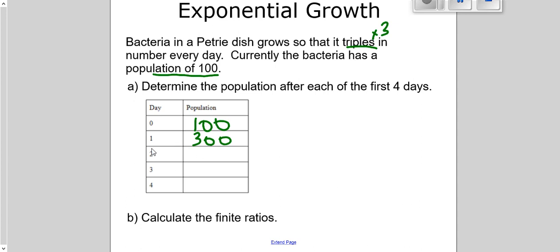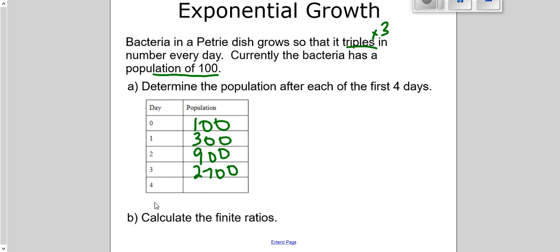And then after 2 days, this 300 has now tripled, and so I'm at 900. And then after 3 days, this 900 triples again, so now I'm at 2,700.